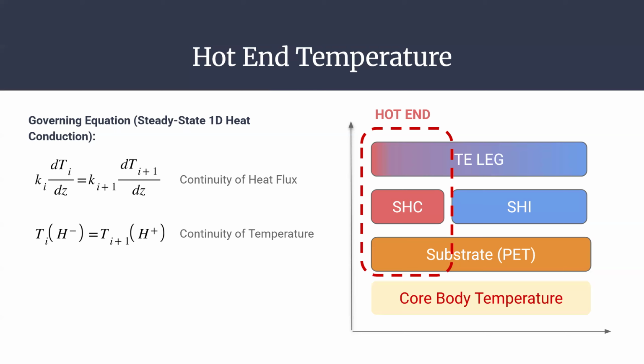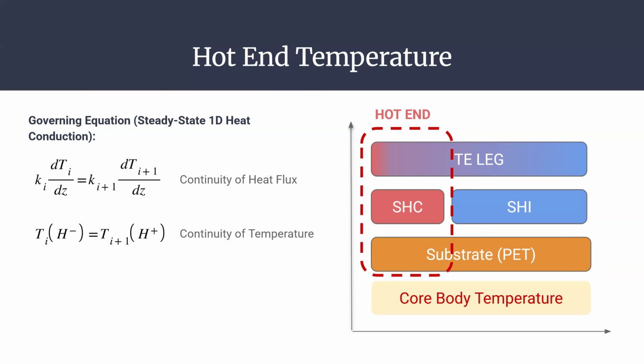Basically, what that equation says is on either side of any interface between two layers, the heat flux on one side of the interface is equal to the heat flux on the other side of the interface. That facilitates this continuity of heat flux assumption.